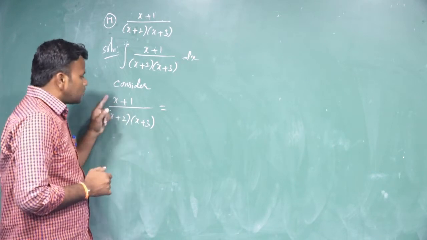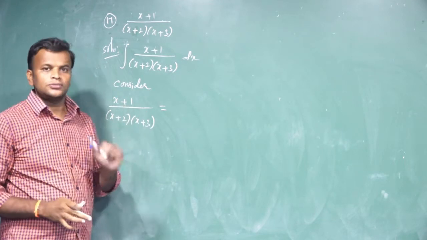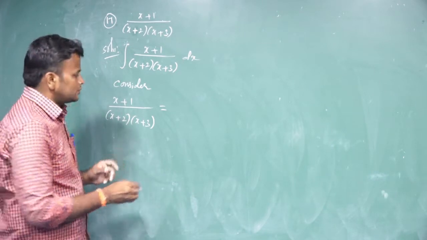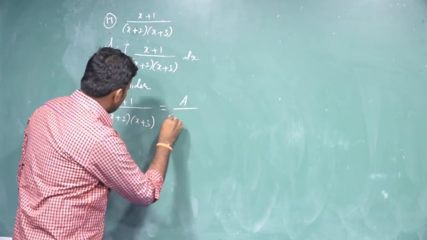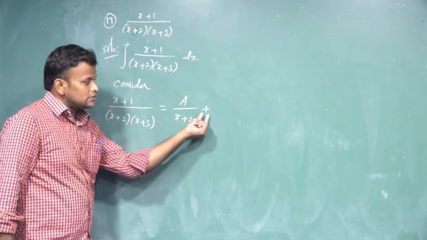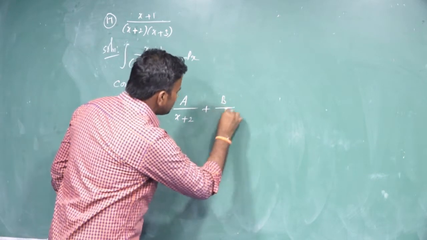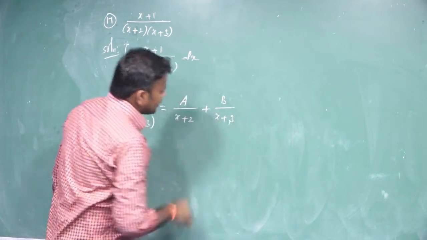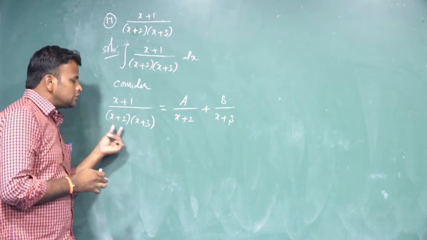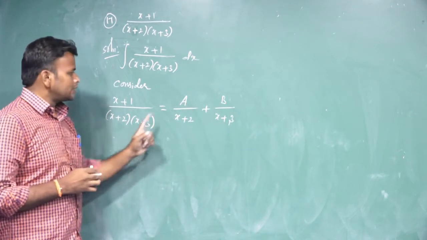Okay, and also it is a proper fraction, because the degree of the numerator is 1 and the degree of the denominator is 2. So what is the first type? Each and every linear factor has a constant: A divided by x plus 2, the first factor. We insert the symbol plus. The second factor is B divided by x plus 3. This is the first step. In partial fractions, each individual factor is given a constant. Here there are two factors, so I add two constants.